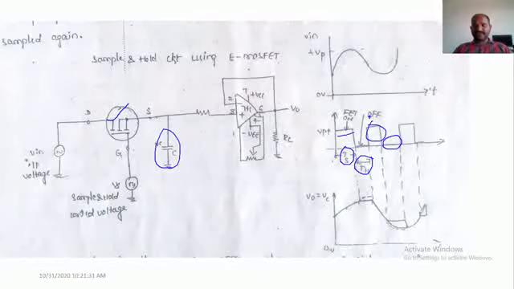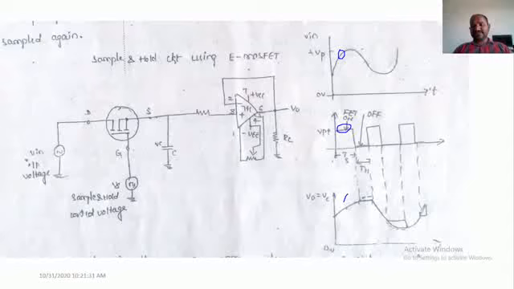If you see this particular diagram, this is the input signal to the drain terminal, and this is the input signal to the gate terminal. Whenever the gate signal has the active pulse, whatever information is there during that period will get sampled.